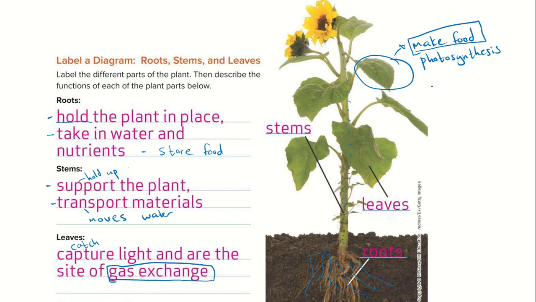So remember we learned this earlier, the gases go in and out, our carbon dioxide and oxygen gases, and also our water. There's water that leaves the plant from the little holes at the bottom, and that is called transpiration, when the water leaves the plant. Okay, when water leaves the leaf of the plant, we call it transpiration.